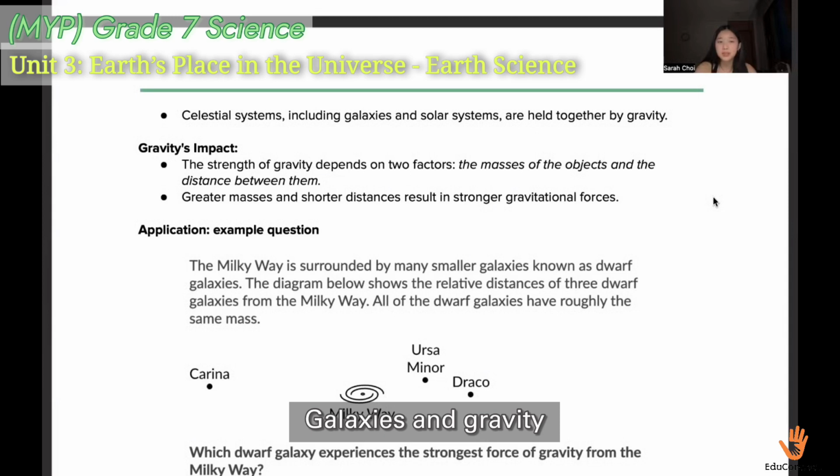The greater masses and shorter distances result in stronger gravitational forces. In the vice versa case, where there's less mass and longer distances, it will result in weaker gravitational forces.